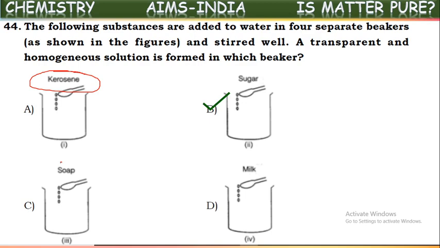It won't be very transparent. Next, milk in the same way. Milk also will dissolve into water, but the white color will appear. It won't form a transparent solution. Only sugar, among those given, will form a transparent solution on dissolving into water. Okay, that's the correct answer.